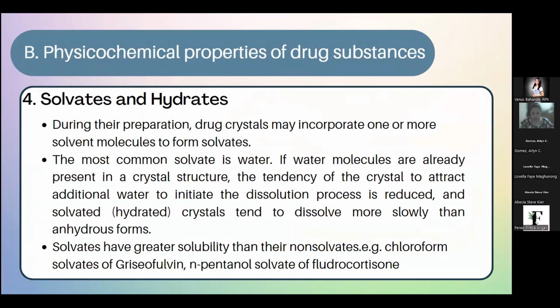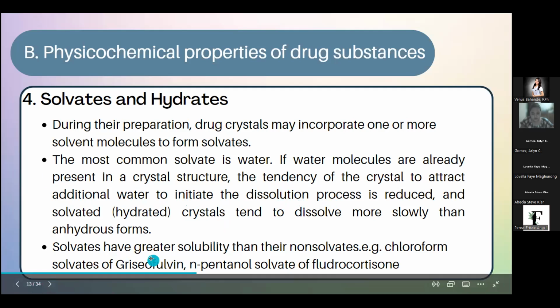So another physicochemical property is solvates and hydrates. During their preparation, drug crystals may incorporate one or more solvent molecules, forming solvates. And the most common solvate is water. If water molecules are readily present in a crystalline structure, the tendency is that crystals attract water to initiate the dissolution process, and the crystals tend to dissolve more slowly than the anhydrous forms.